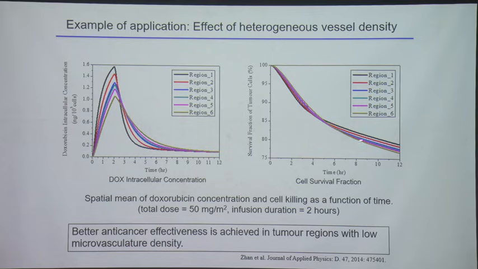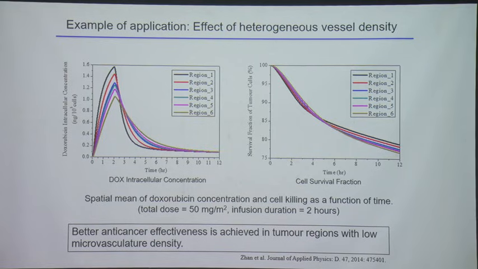Well, interestingly, it's actually not quite exactly the same. This is a well-vascularized region. At the end of this simulation, we simulated up to 12 hours. At the end of that, the survival fraction is actually the lowest compared to the other regions.